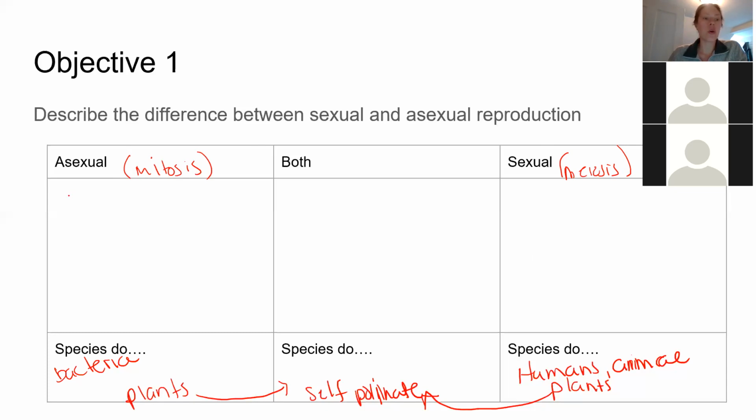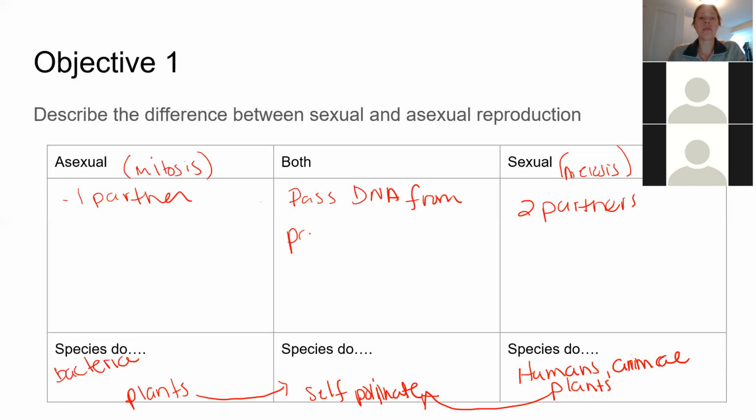So asexual is one partner. Sexual is 2 partners. Okay. They're both going to pass DNA from a parent to an offspring.